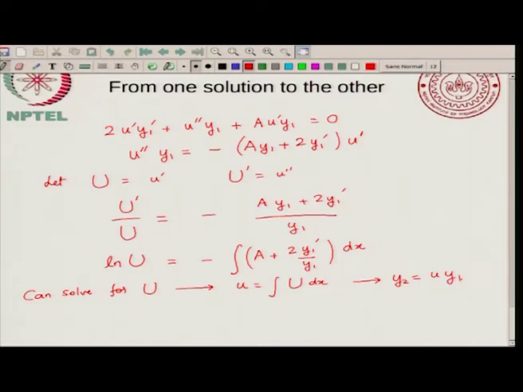So what does this show? This shows that if you have one solution of the homogeneous differential equation, you can get to the second solution. The power of homogeneous equations is that even if you just have one solution, you can get to a second solution, and that second solution will be linearly independent because u is not a constant. u is some function of x, so the second solution is by design linearly independent.